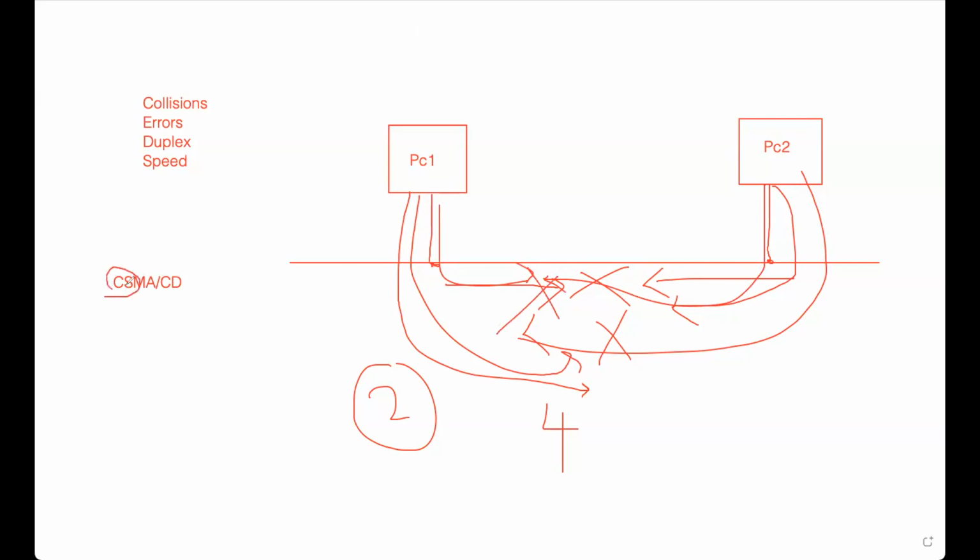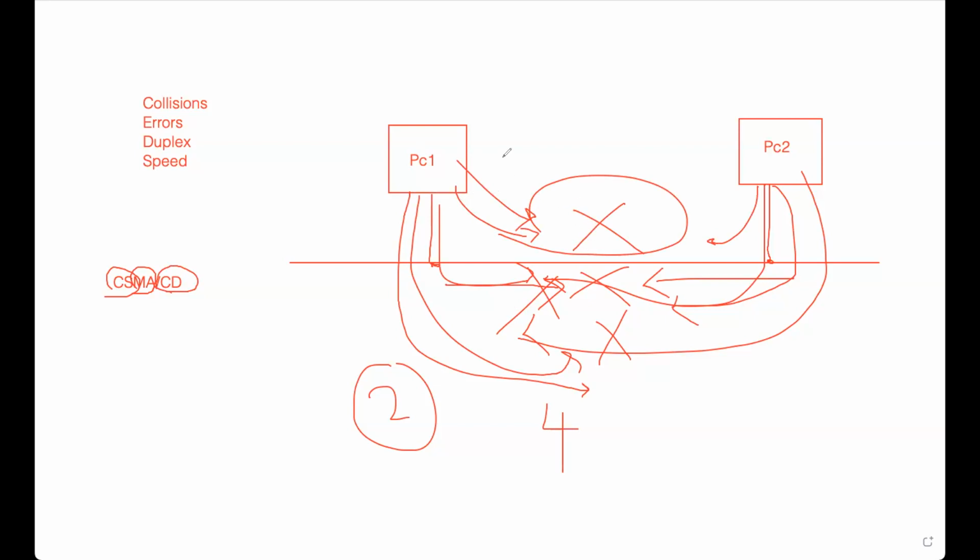Carrier sense multiple access collision detection. When there are two carriers sending data at the same time, if they collide, they sense the detection, and they will wait for a second or 2 seconds and then send the data again. They retransmit. So this is the collision detection.